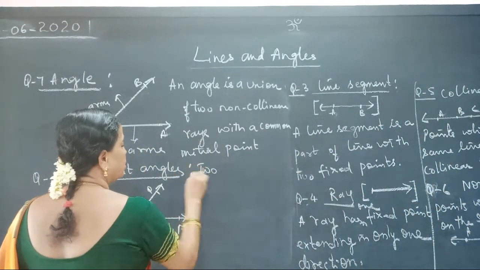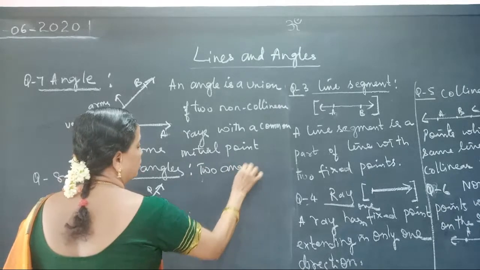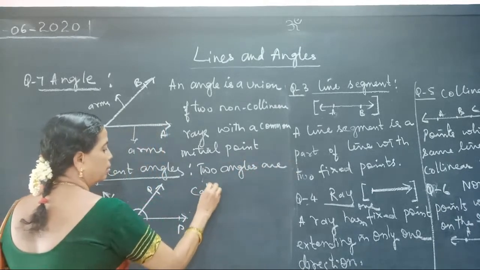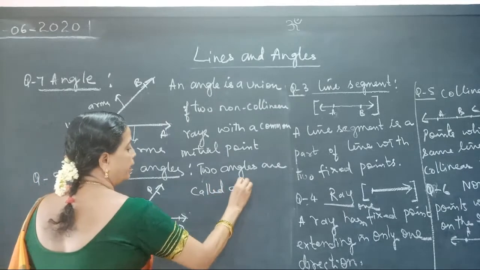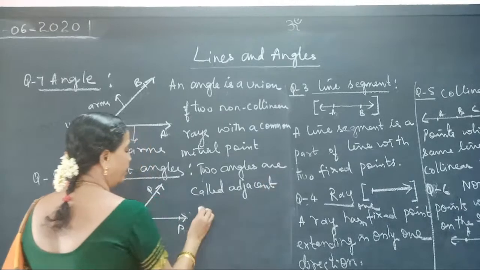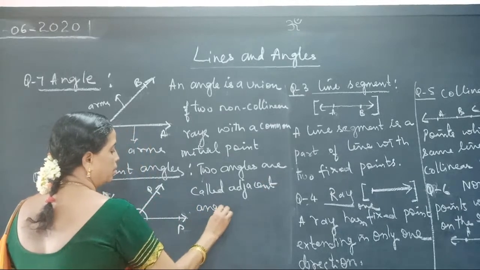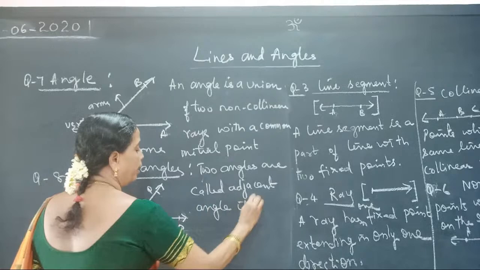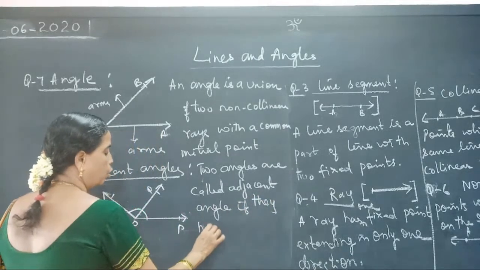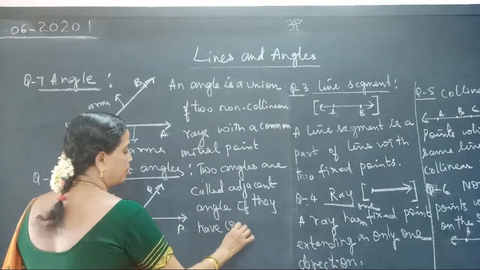Two angles are called adjacent angles if they have a common vertex.